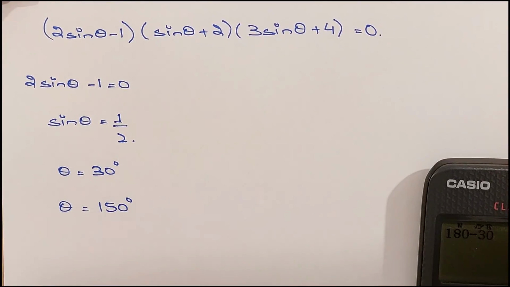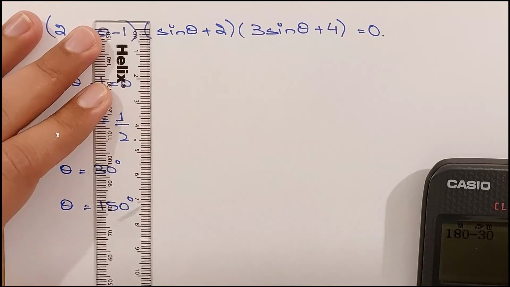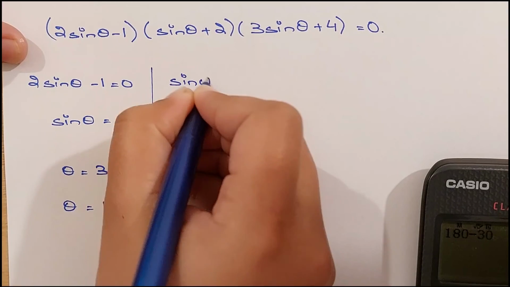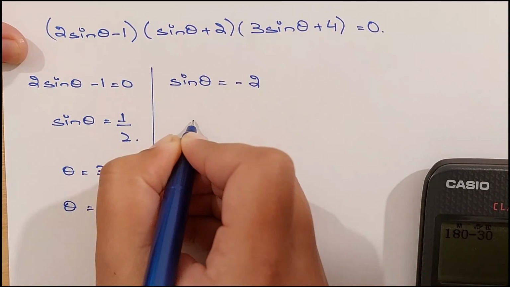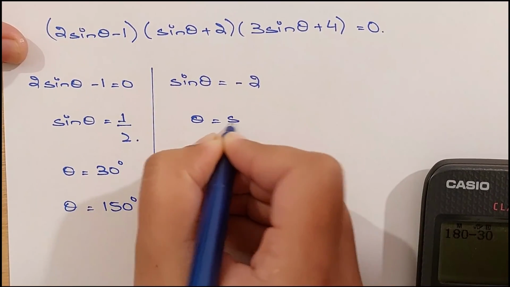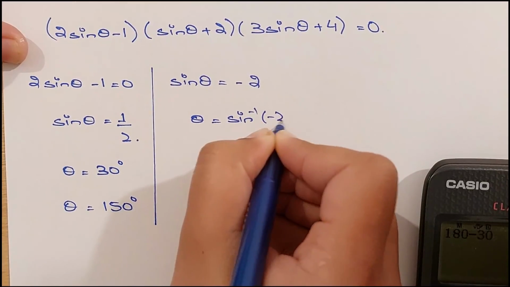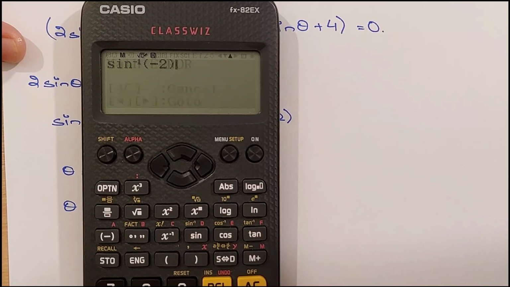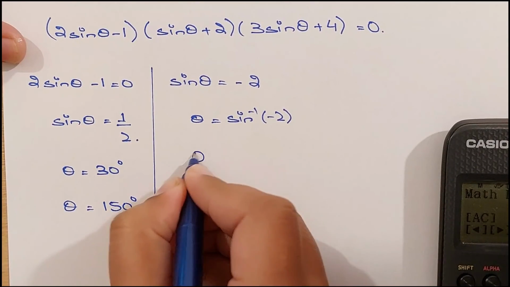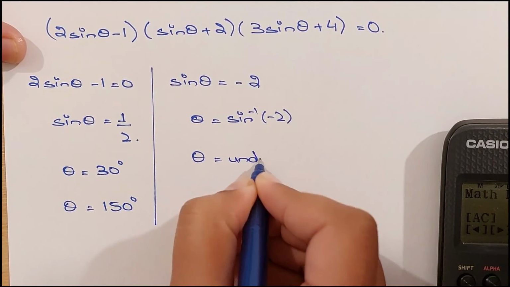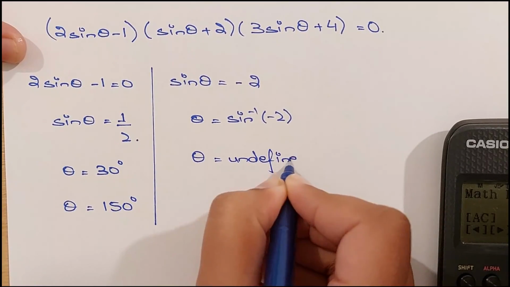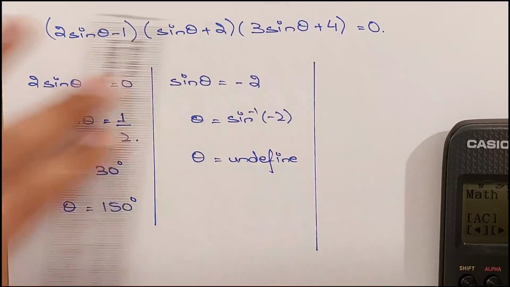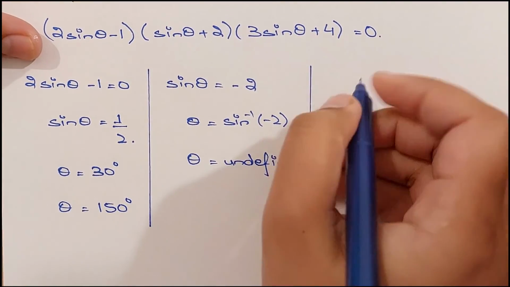Right, now from the second factor, we have sine theta equals negative 2, and theta equals sine inverse of minus 2. Sine inverse of negative 2 does not exist. Yes, so theta is undefined. We will not get any value of theta from here. Let me put the third factor equal to 0 and check the value for sine.